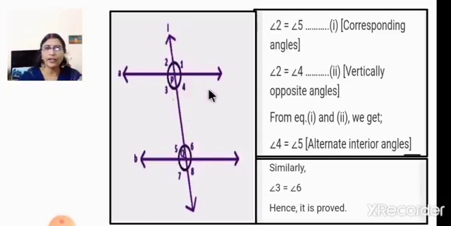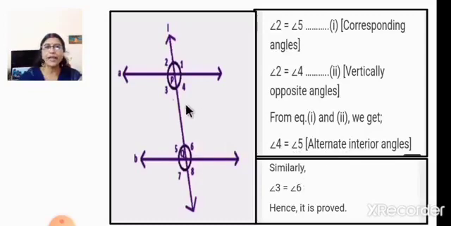And they are alternate interior angles. Here you can see, this is on the right side and this is on the left side of the transversal. So they are alternate and they are interior. They are on the inner side of these two lines. So they are called alternate interior angles and they are equal.